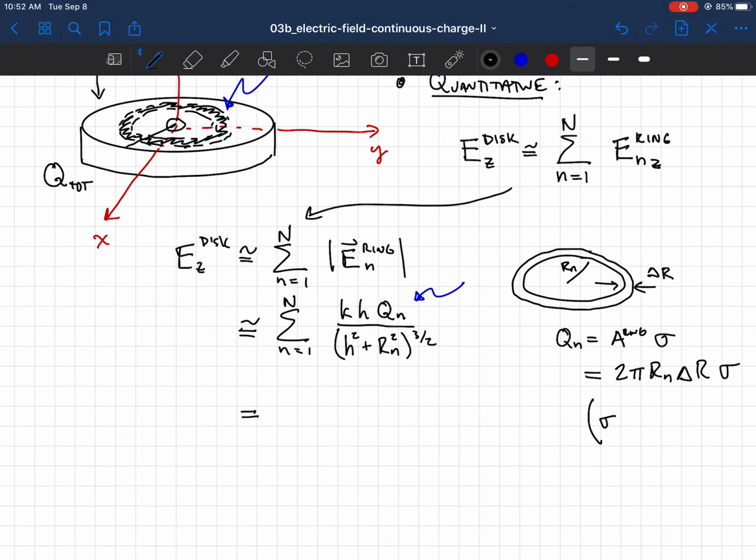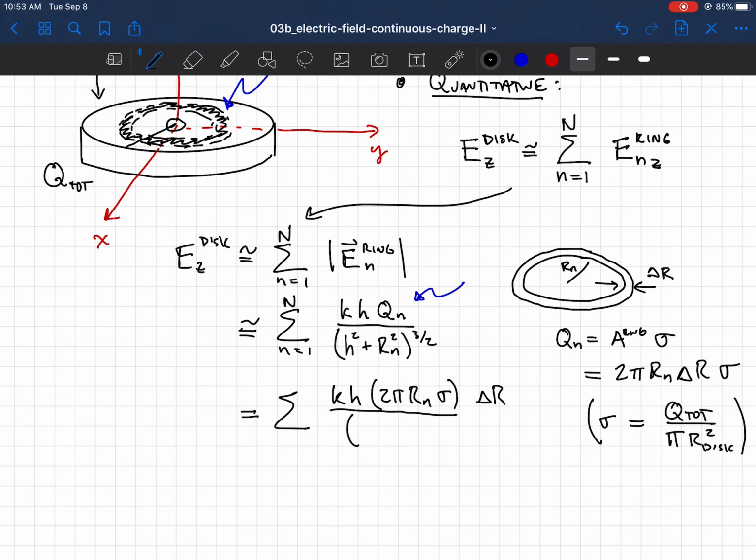Because it's a uniform charge distribution, sigma will simply be Q total over the area of the total disk, which is pi r disk squared. Maybe we'll come back to plug that in later. But for now, we can write k, h, and then Q_n is 2 pi r_n sigma, and I'm going to put the delta r out at the end. And then we're left with h squared plus r_n squared, to the 3/2.